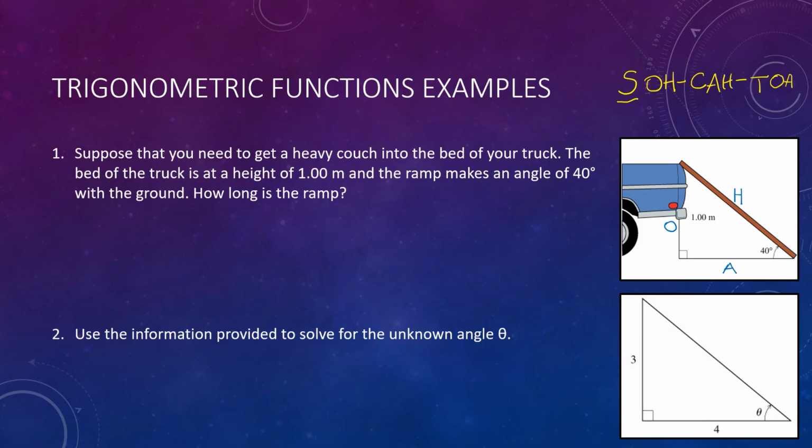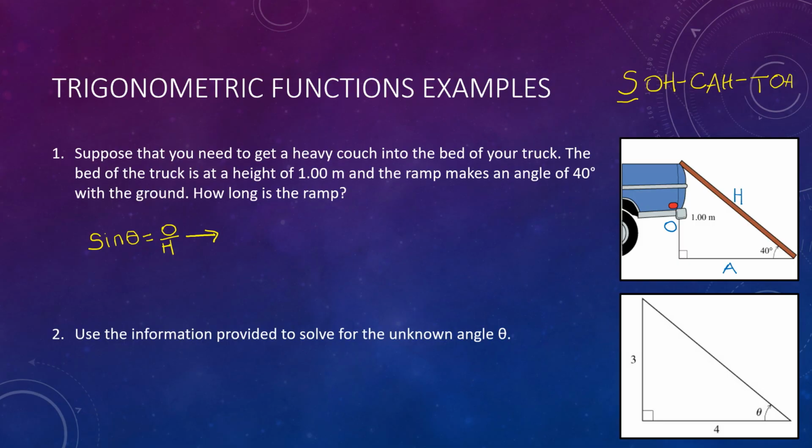So we start there. We'll say sine of theta, theta being our angle, is equal to opposite over hypotenuse. Our goal is to solve for the length of the ramp, or the hypotenuse, so we have to rearrange this equation.